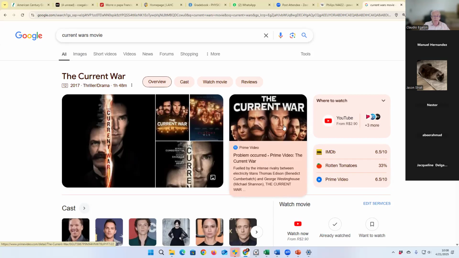Thomas Edison himself even ended up building more than one power station that was providing direct current, DC current, to nearby houses.